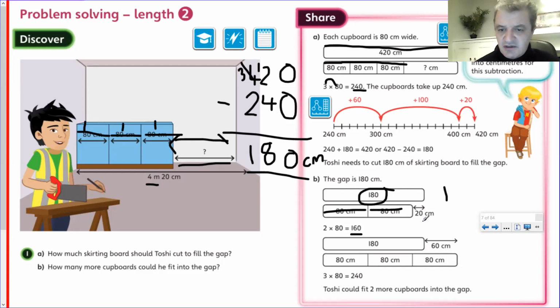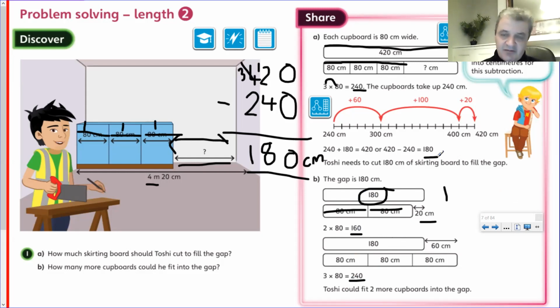So we've still got 20 left. Toshi can't fit 3 cupboards in. He can only fit 2 cupboards. If he tried to fit 3 cupboards, it would be 240 centimeters, and he's only got a gap of 180 centimeters. Therefore, he can't fit 3 cupboards in. He can only fit 2 cupboards.